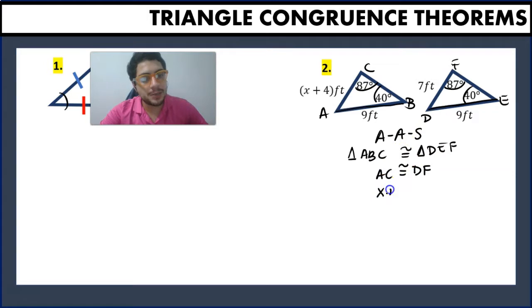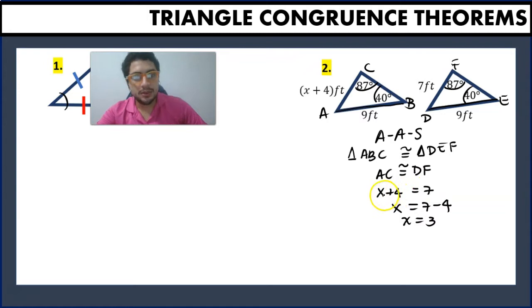So that means that x plus 4 is equal to 7 feet, which means that x is equal to 7 minus 4, meaning that x has a value of 3 if they ask us, right? So the first thing we do is use the theorem to make sure that they are congruent, and after we know that they are congruent, we just use equations to find the value of x.